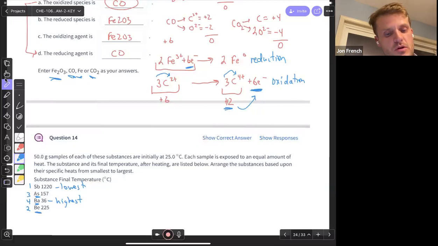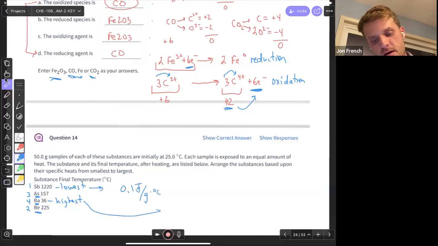Right, because the lowest specific heat, right, the lowest value of specific heat. So let's just say the specific heat here is 0.1 joules per gram degrees Celsius, whereas the specific heat here is 5 joules per gram degrees Celsius.